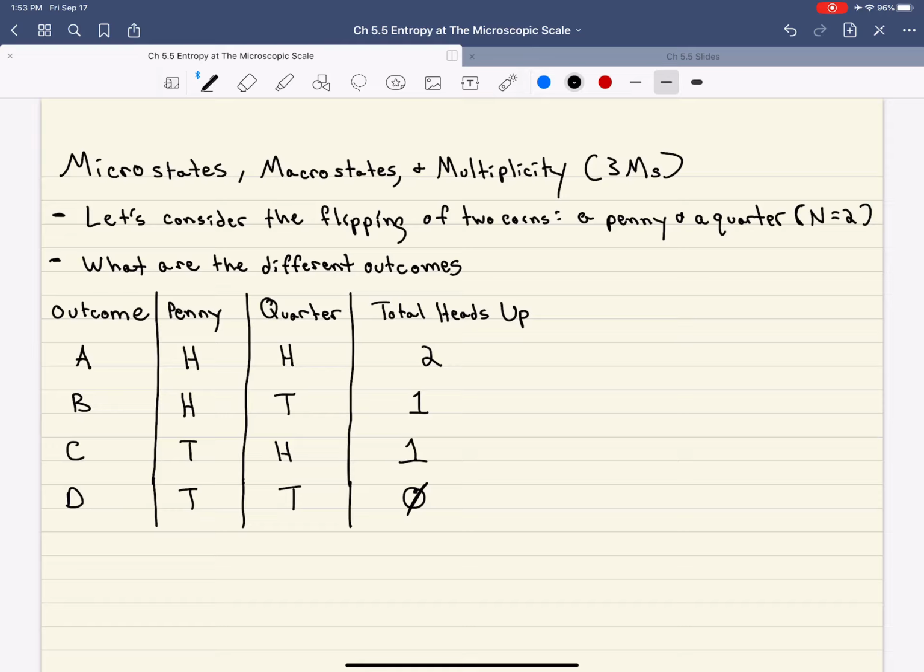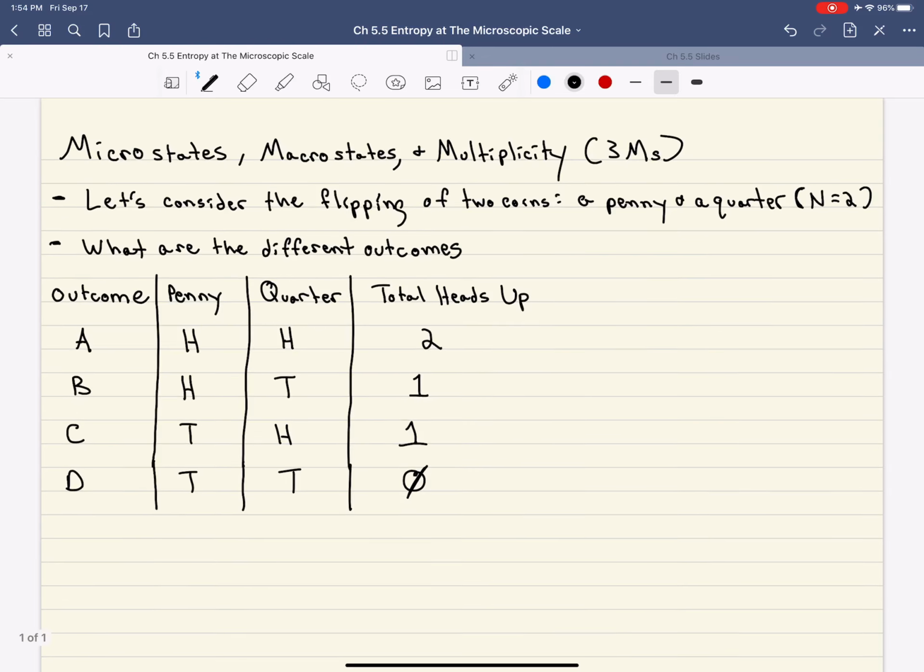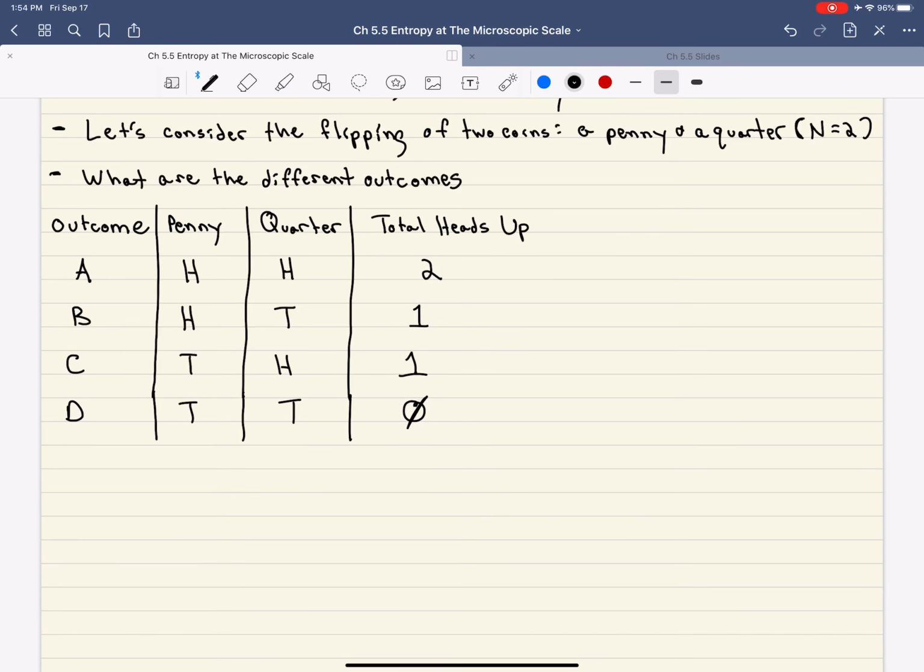Okay? All right, and so these are the different outcomes that we could get if we just flip a penny and a quarter at the same time and look at what face lands heads up. All right, and so the way that we would describe each of these outcomes is we would call each of these different outcomes of our pair of coins a microstate.